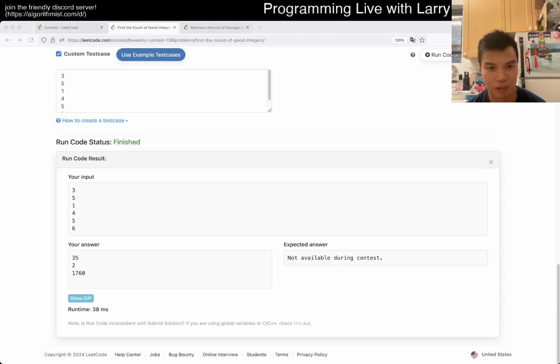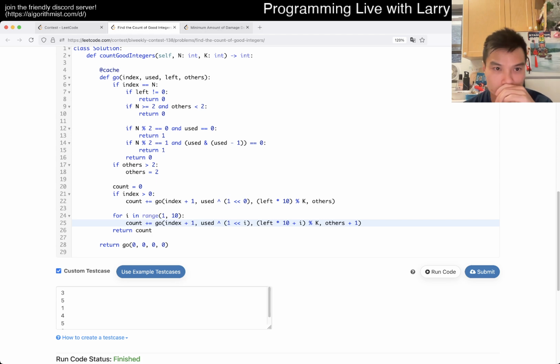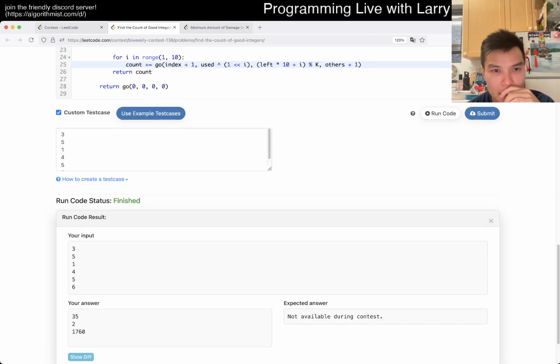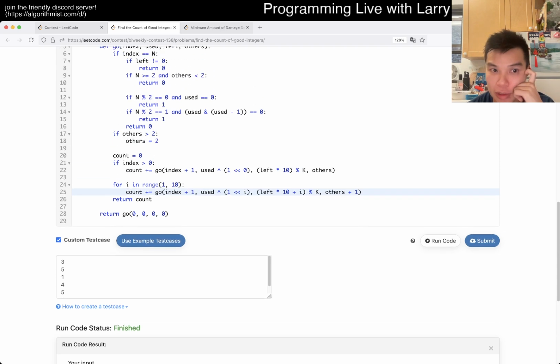This is harder and more annoying than I thought to handle, honestly. But what am I... Okay, so we have other digits that are non-zero.